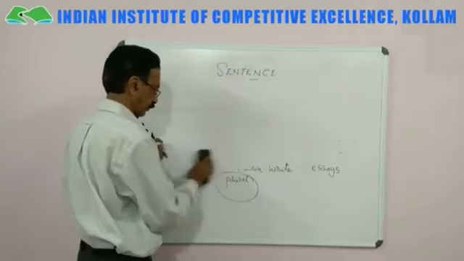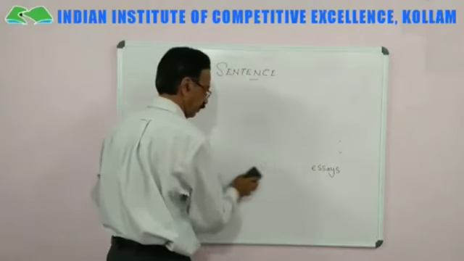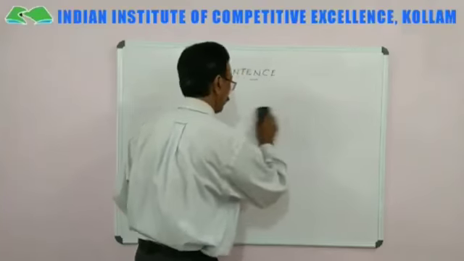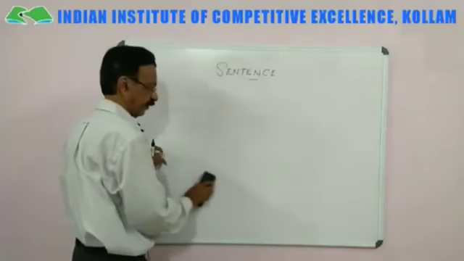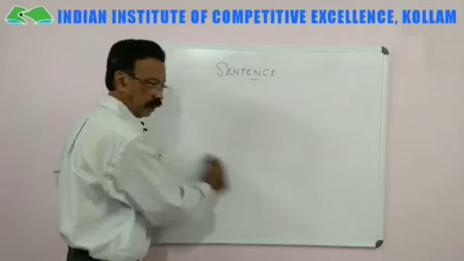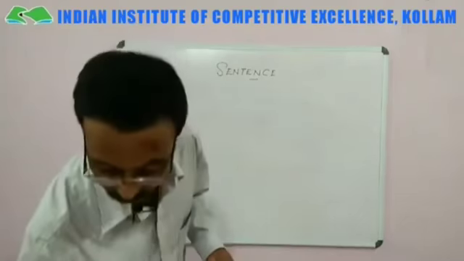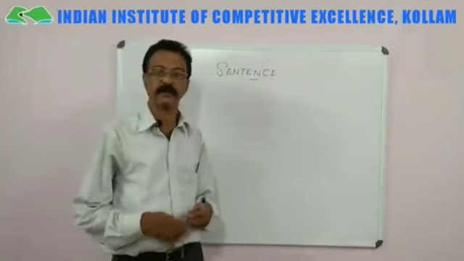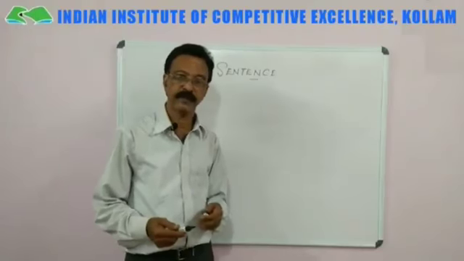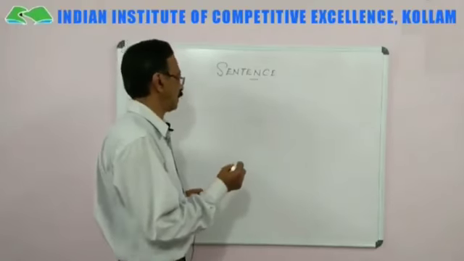Now you can just write down some examples yourself using one subject, a different verb, and different object. You can make as many as you can. Practice it. Okay? Now, types of sentences.